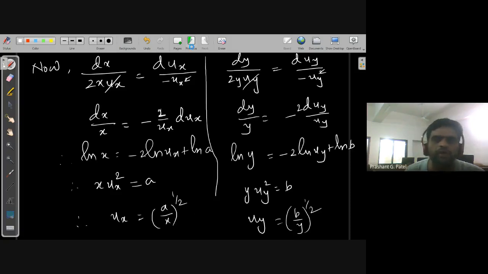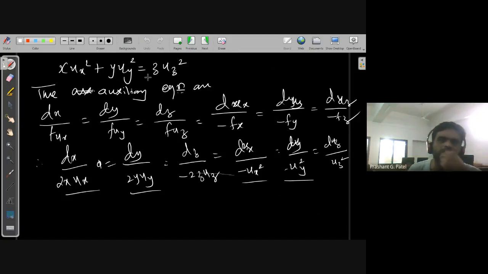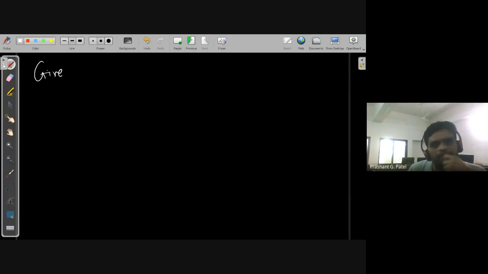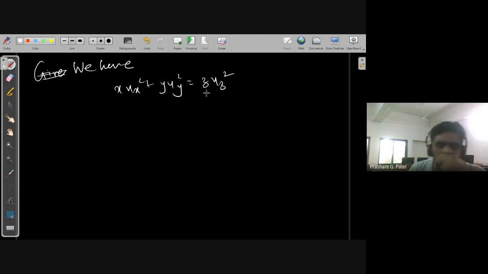And from the given equation, the value of uz we can also obtain. We have x ux square plus y uy square is equal to z uz square.